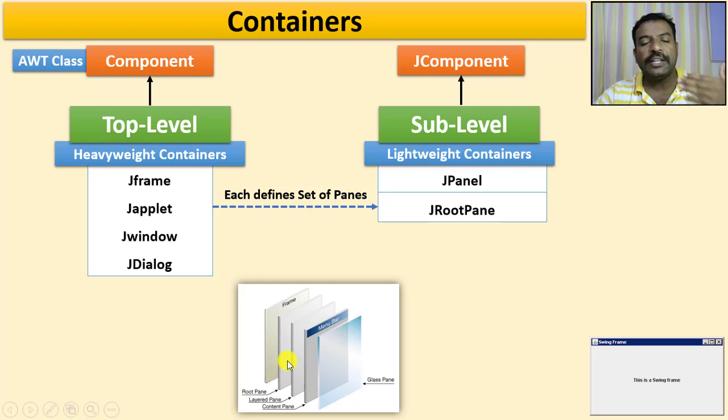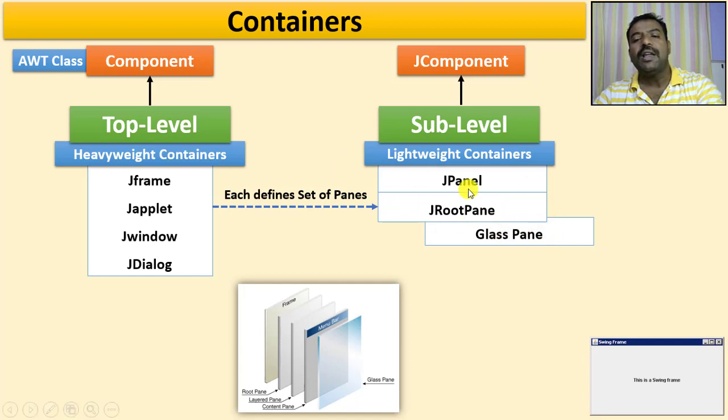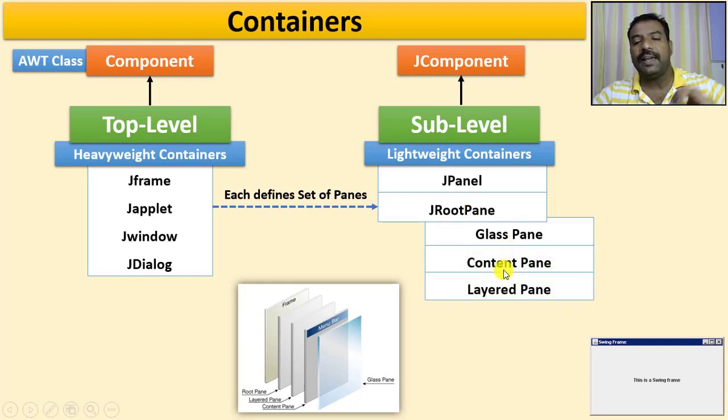Hence each frame or each applet, every top level container will contain a set of panes. Out of this, the root or the topmost pane is going to be the JRootPane. And this JRootPane, being the top level pane, is going to contain the glass pane, the content pane and the layered pane.